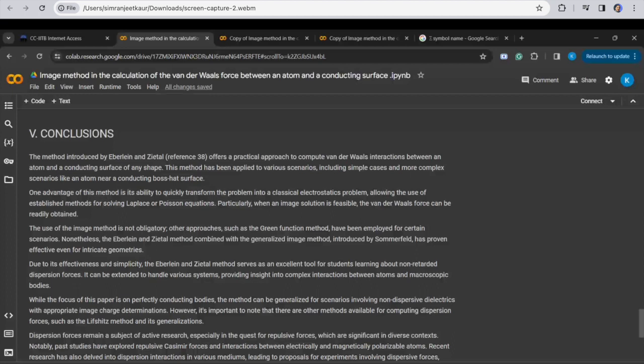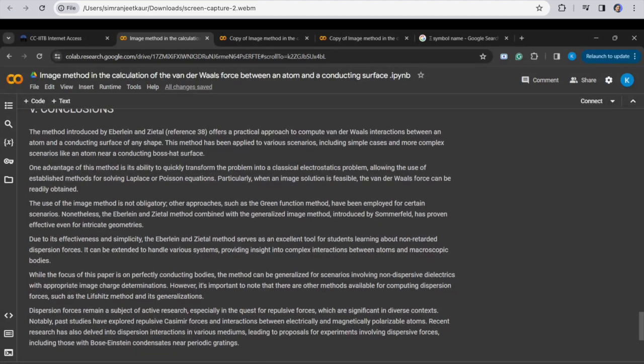The advantage of this method is that it has the ability to quickly transform the problem into a classical electrostatic problem, allowing the established methods for solving the Laplace or Poisson equation. Other approaches such as the Green method have been employed for certain scenarios. Nevertheless, the Eberlein and Zietal method combined with the generalized method introduced by Sommerfeld has proven effective for intricate geometries.